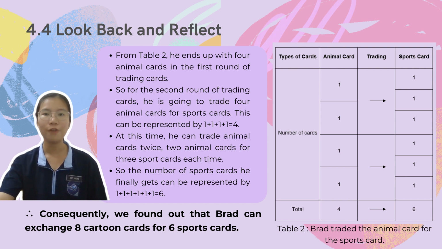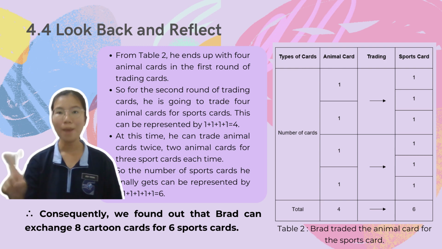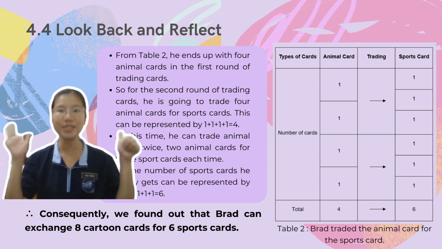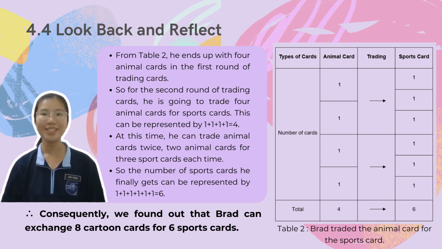So the number of sport cards he finally gets can be represented by 1 plus 1 plus 1 plus 1 plus 1 plus 1 is equal to 6. Consequently, we found out that Brett can exchange 8 garden cards for 6 sport cards. So we can prove that the answer that we got in stage 3 is correct.